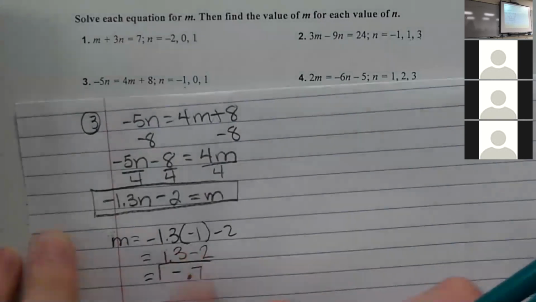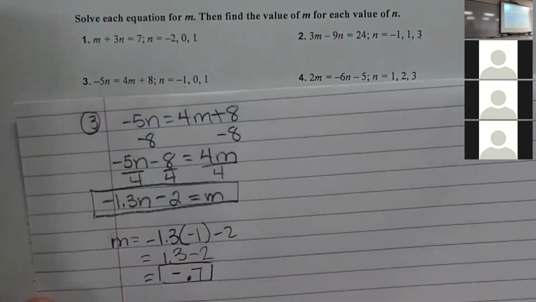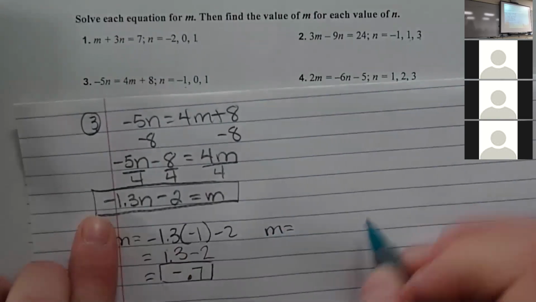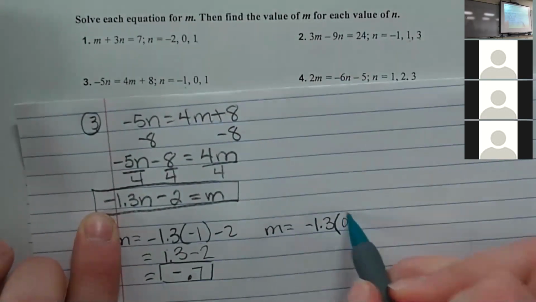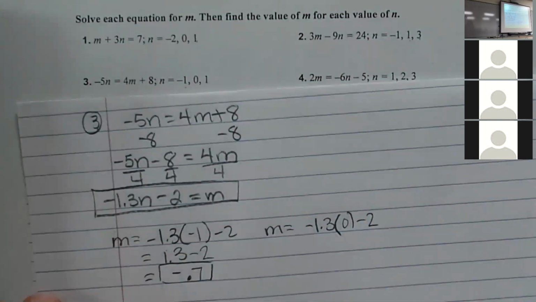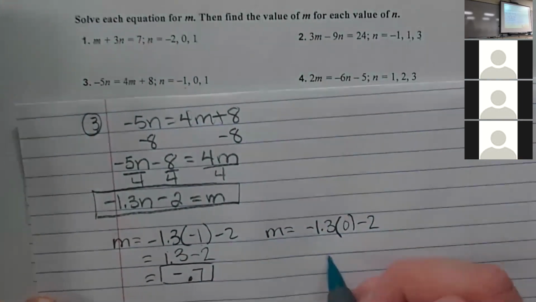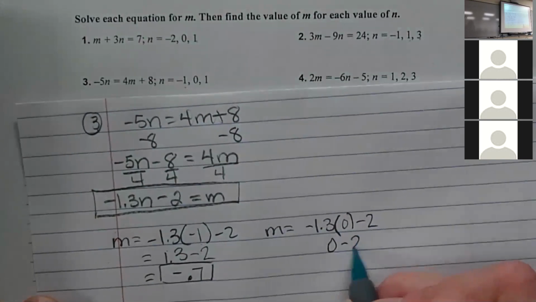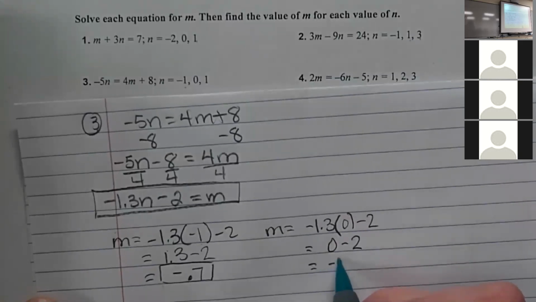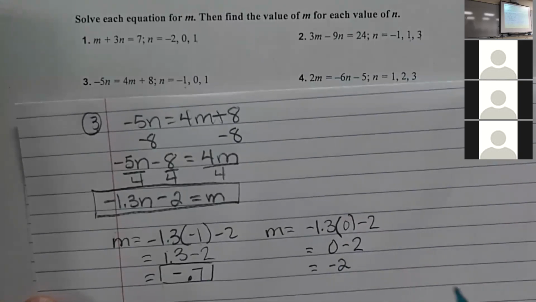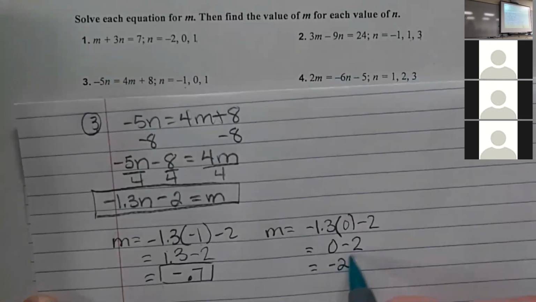Good job. Okay, let's plug in the next one. M equals negative 1.3 times 0, yay, I love putting in 0, minus 2. Negative 1.3 times 0 is 0. 0 minus 2 is negative 2, right? 0 minus 2 is just negative 2, right?